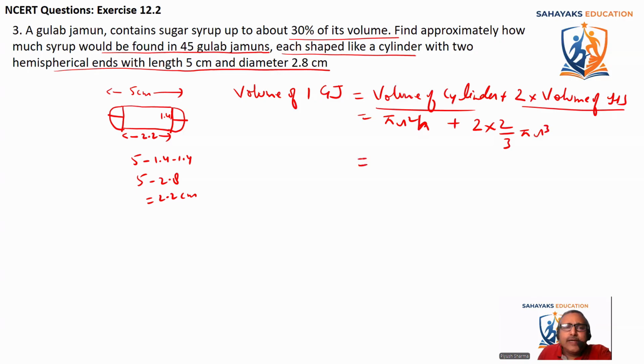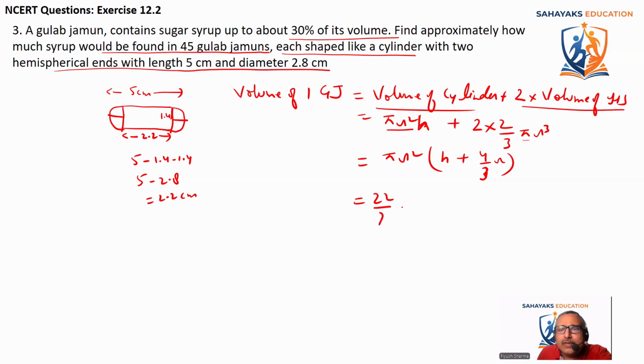So let's find out. Because the radius is the same, we can take pi r square as common. So pi r square is common. It becomes h plus, so pi r square is gone, it becomes 4 by 3 into 1 radius. Now putting the value, I'll just take 22 by 7.